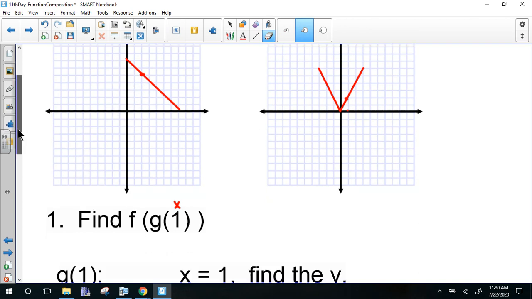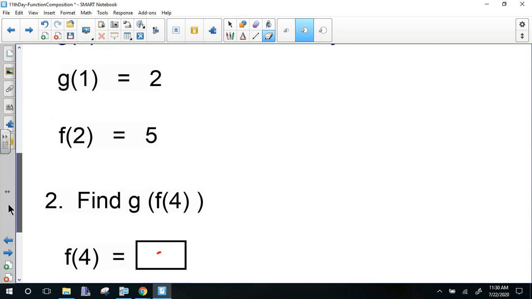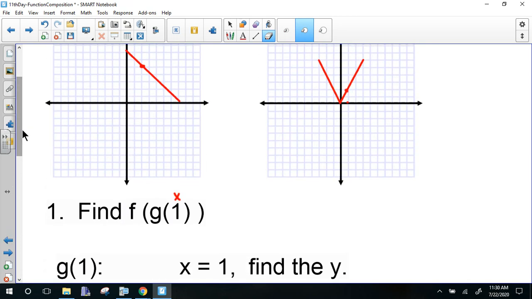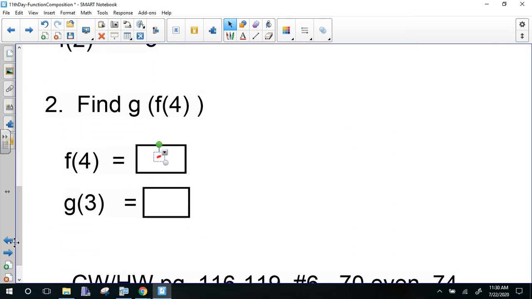All right, the next one is g of f of 4. So we look at f first at 4, and I'm sitting here at 3. f of 4 is going to be 3.